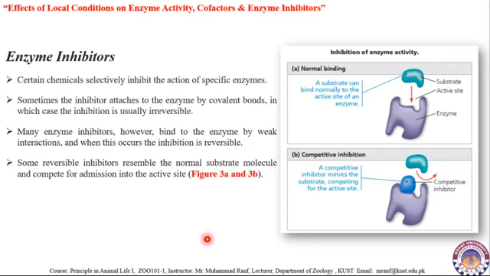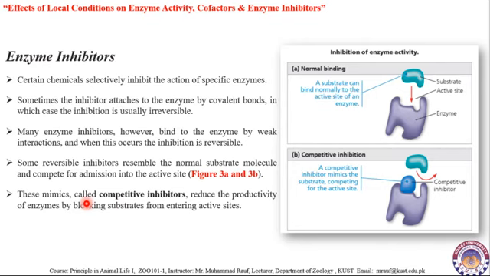So there is competitive inhibition. This is when the enzyme and the inhibitor compete for the active site. This type of inhibition is called competitive inhibition because there is a competition between the substrate and the inhibitor to bind to the active site.